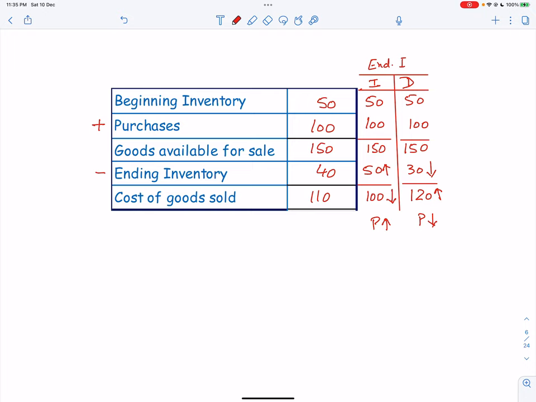So there is an inverse relationship between cost of goods sold and profit, and there is a direct relationship between ending inventory and profit. Note that decrease in ending inventory decreases profit, and decrease in profit is credit.